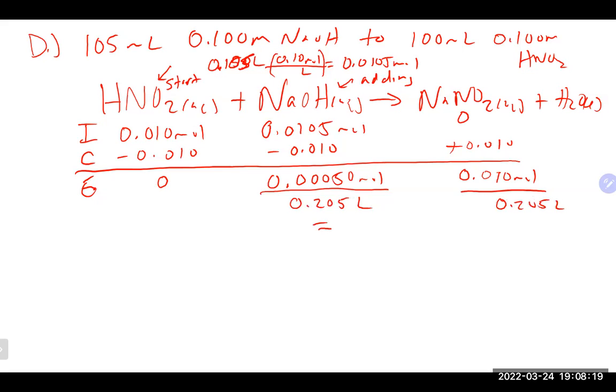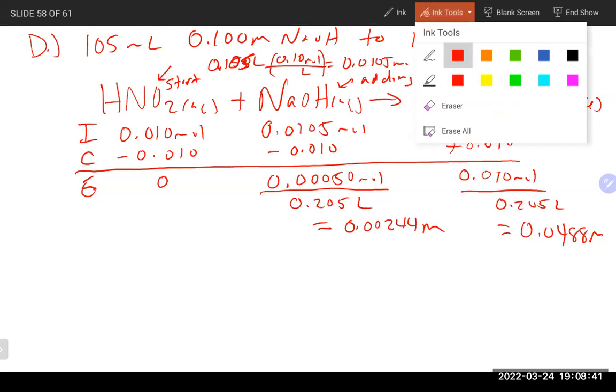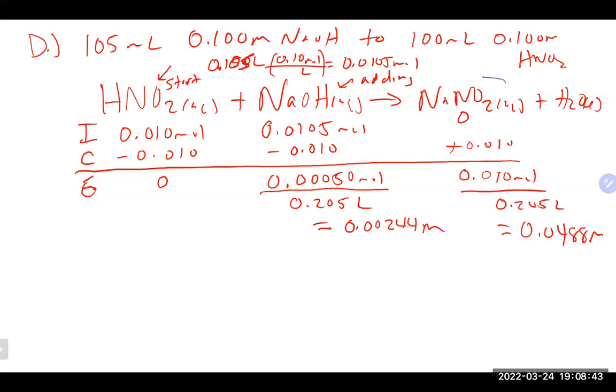That is going to give us a molarity here of 0.00244 molar. It will give us a molarity on the other side there of 0.01 divided by 0.205. That is going to give us 0.0488 molar. So at this point, if we take a look at our ICE table to try to figure out what's going on, I got this guy left, I got that guy left. Are they related to each other? They are not.